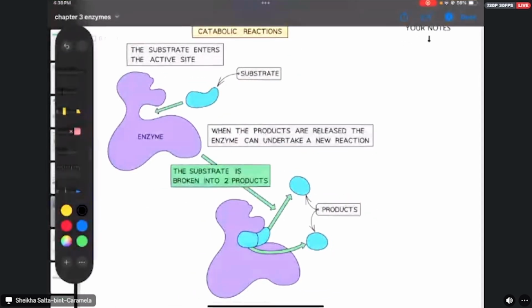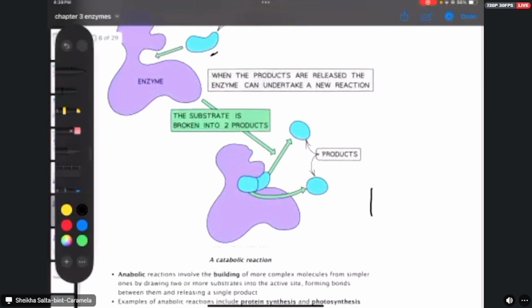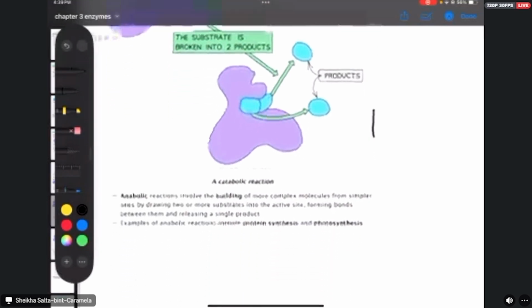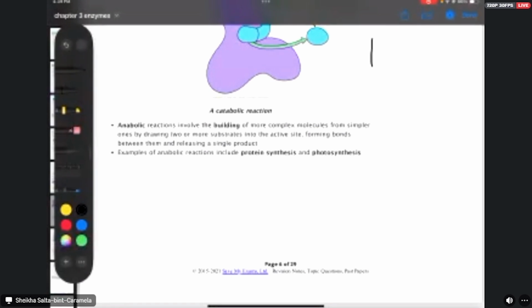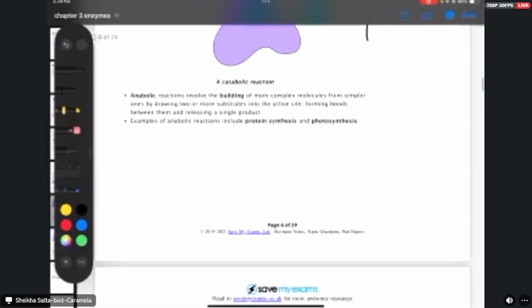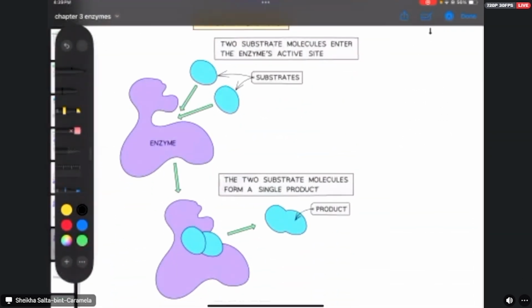As you can see, the substrate is just one molecule, and it binds to the enzyme on its active site, and then it breaks down into its products. In an anabolic reaction, a bond is formed. Examples of anabolic reactions would be protein synthesis and photosynthesis in plants. As you can see, two substrates bind to the enzyme and then join together to form a single product.